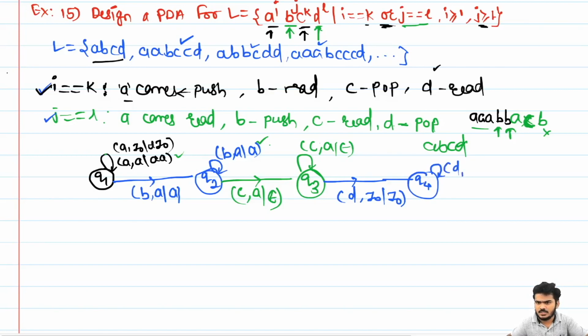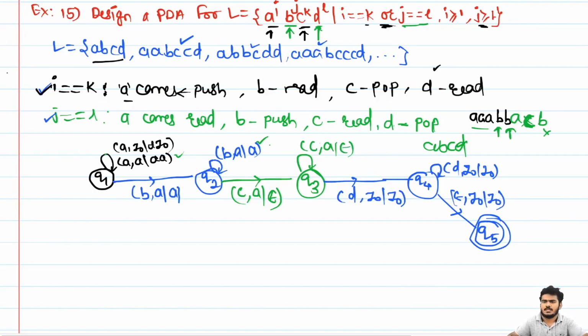So for d on Z0, I will keep that Z0 as it is, and finally I am at q5 as the final state. Finally I am left with epsilon as input and Z0 as the top of the stack, so I will keep the top of the stack as it is and move to the final state. So this way this should be accepted. Similarly, I will start when j is equal to n.